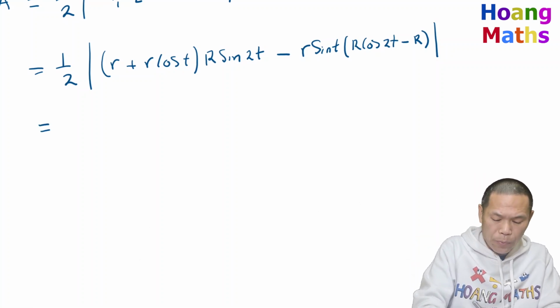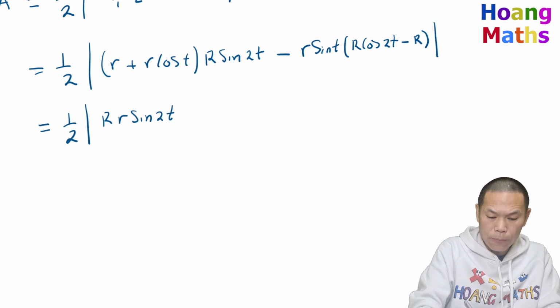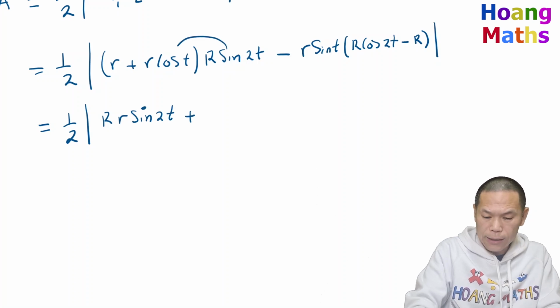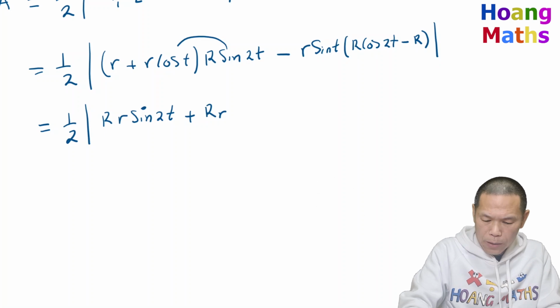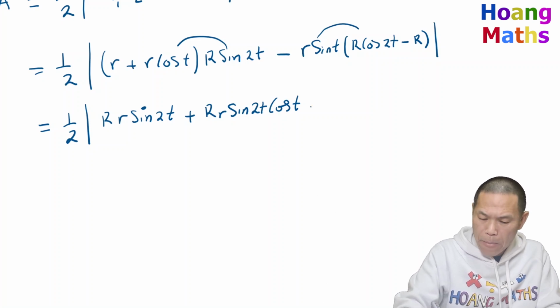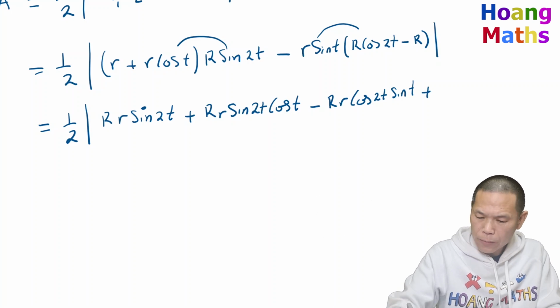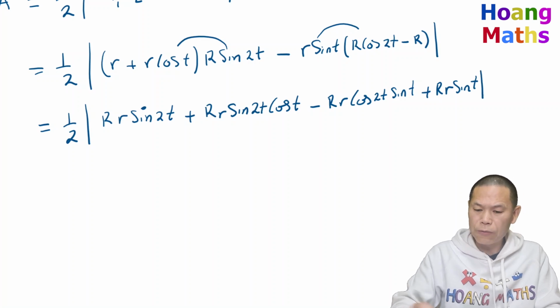So that will give me a half. Times together, R sine 2t, and times it together plus R sine 2t cos t. And we times this together, becomes minus R cos 2t sine t, and then we plus R sine t, absolute value.